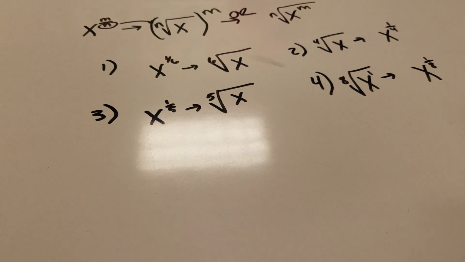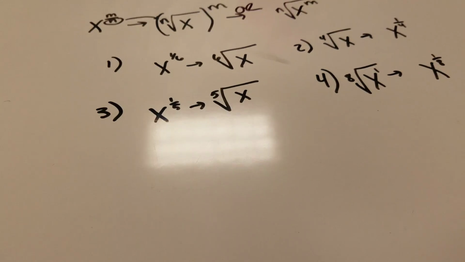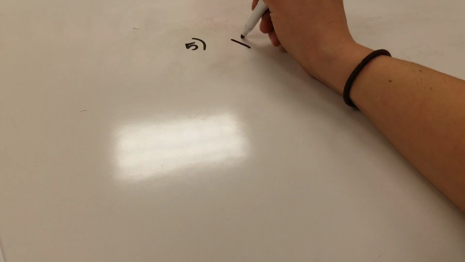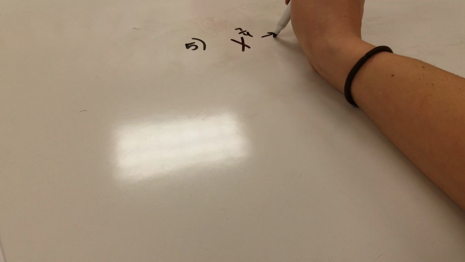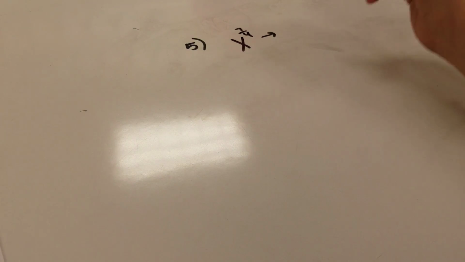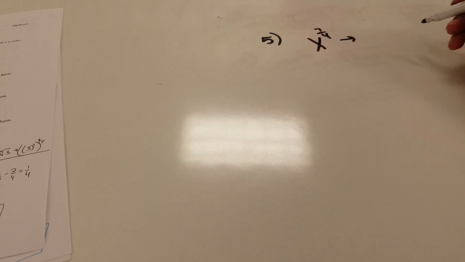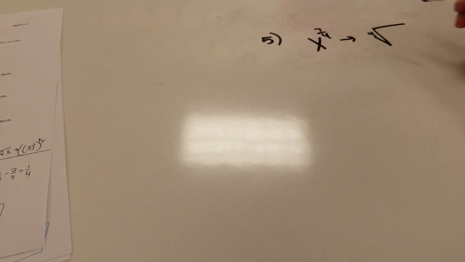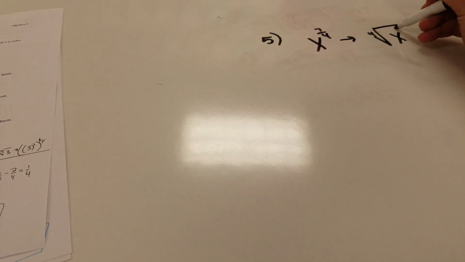All right. Okay, getting into a little bit more difficult ones. So I'm just going to get rid of that. Okay, so we have 5. We have x to the 7/4. We're writing it in radical form. So we are going to take the root of the bottom, so that's the 4th, and then the power of 7.